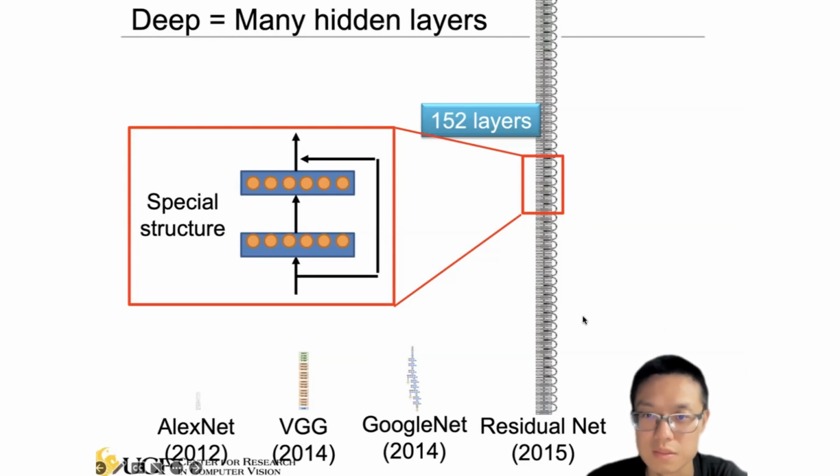DenseNet is basically very close; you have more dense connections. But there are not many drastic changes for the convolutional neural network after the ResNet. There are some modifications like the attention mechanism and other things, but we didn't see a significant change or breakthrough in terms of the architecture.